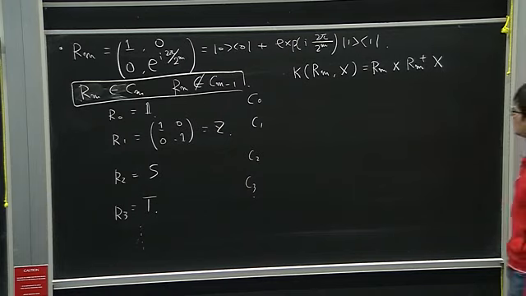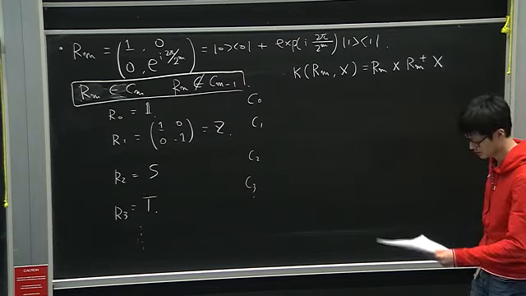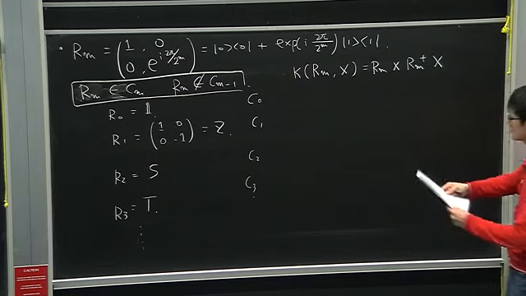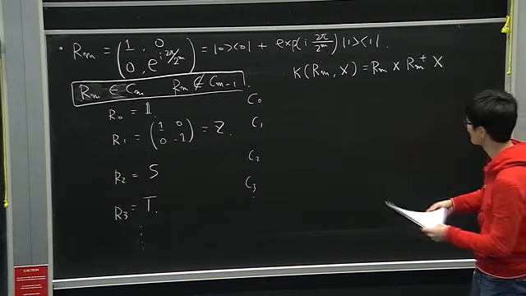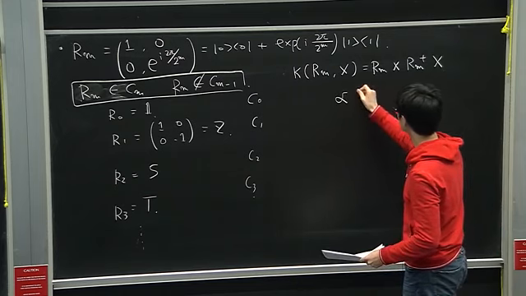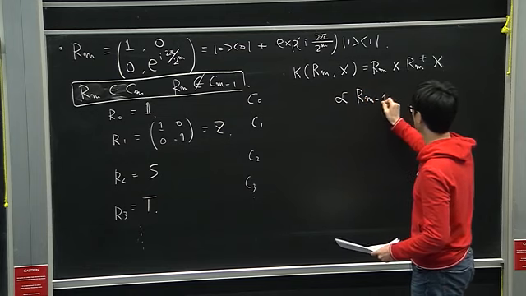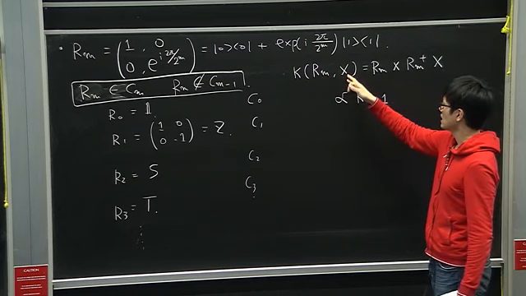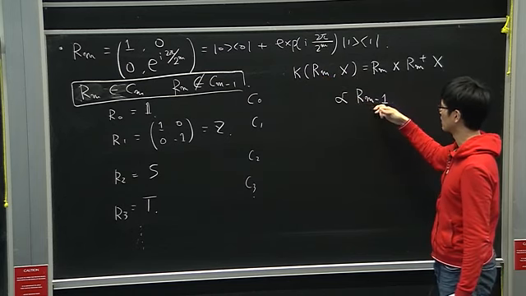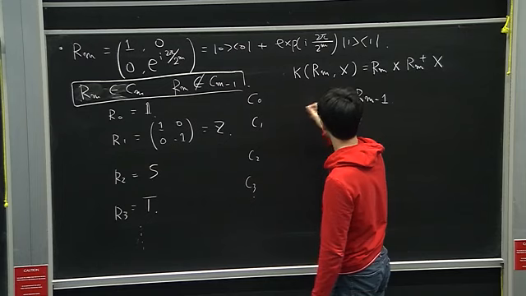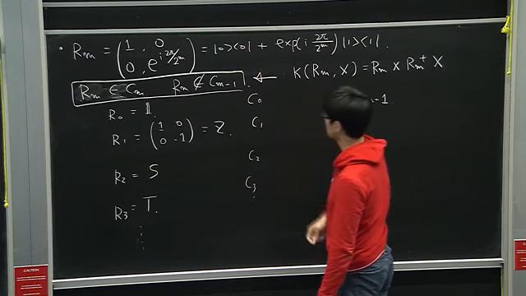Well, this is just multiplication of matrices, and I put this as a problem set, so I guess many of you will know how to do it. It turns out this is proportional to Rm-1 with some phase. So by commuting Rm with X, you get one level lower. And then you can inductively, recursively prove that this implies that.